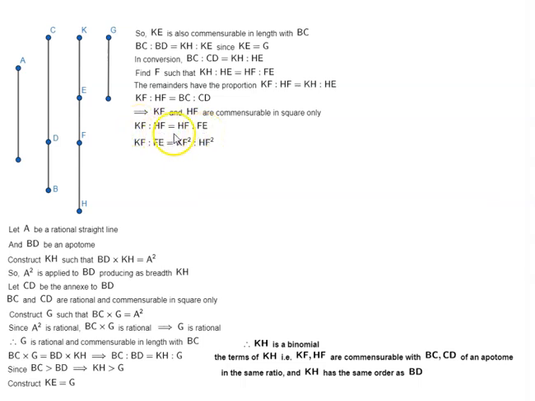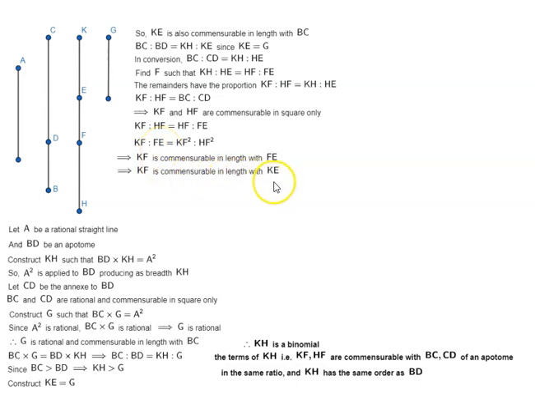So KF is to FE would be the square of the ratio of KF is to HF. So KF square is to HF square, which means KF is commensurable in length with FE, because KF square is commensurable with HF square, because KF is commensurable with HF. That means KF is commensurable in length with FE.